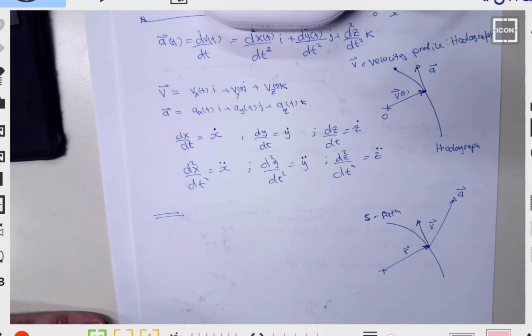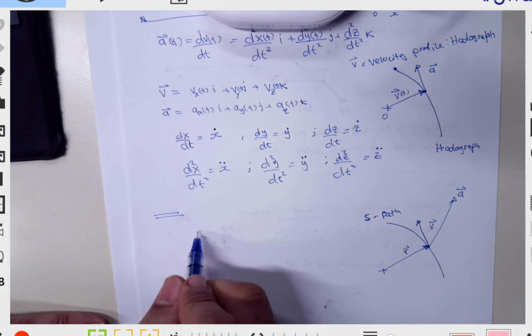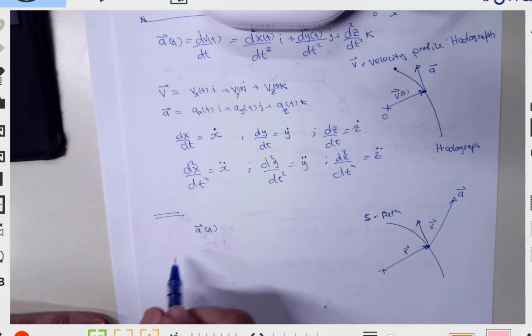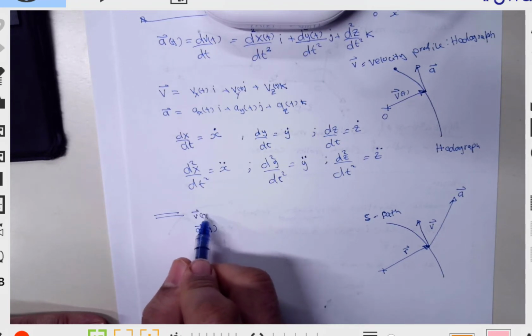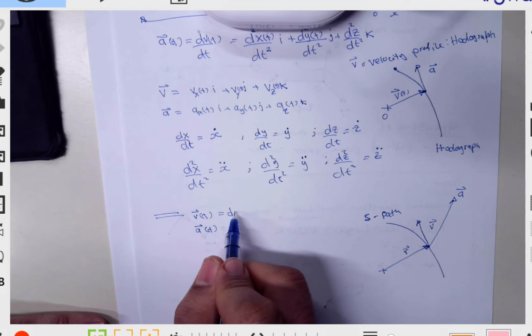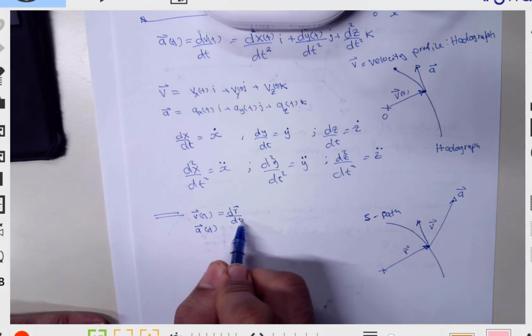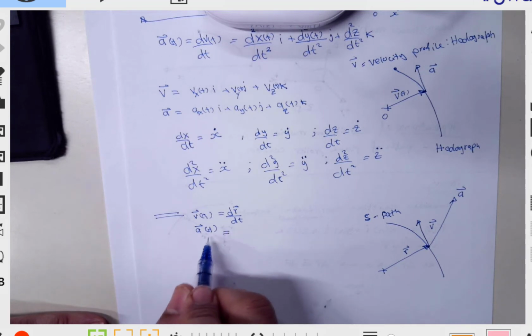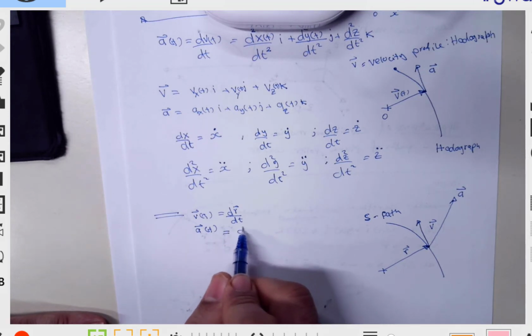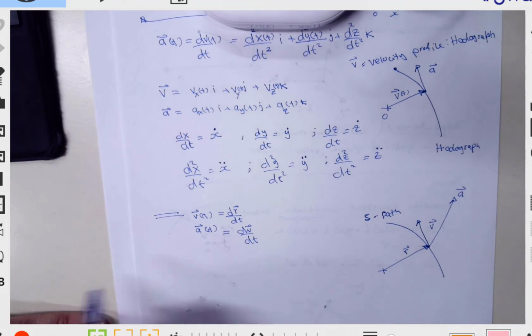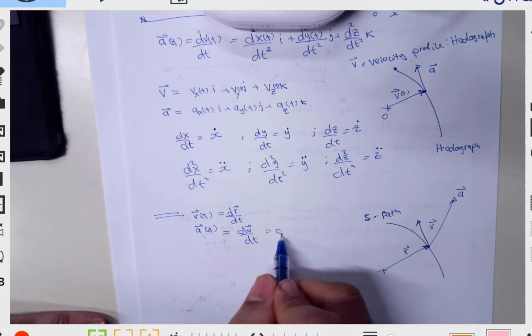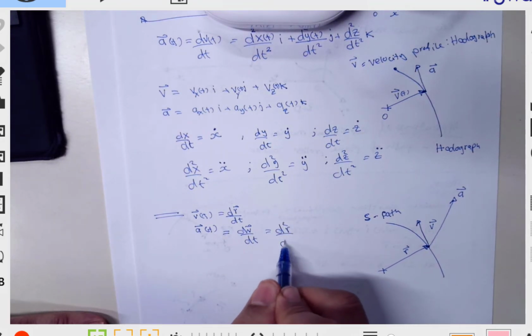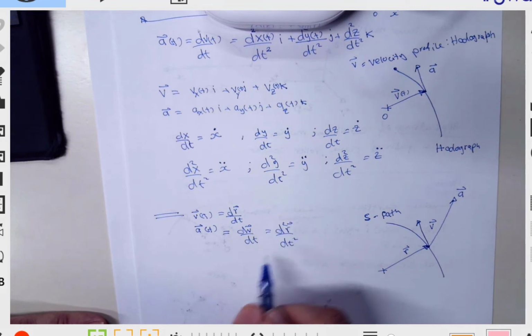Also, we should not forget that the definition that we obtained for the acceleration and also for the velocity is for the instantaneous, right? Instantaneous, and that's equal to dv over dt, or equal to dr over dt as a vector, right?